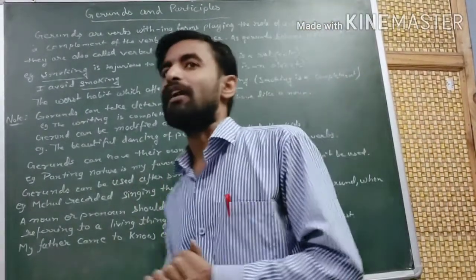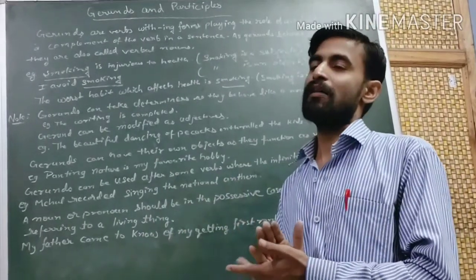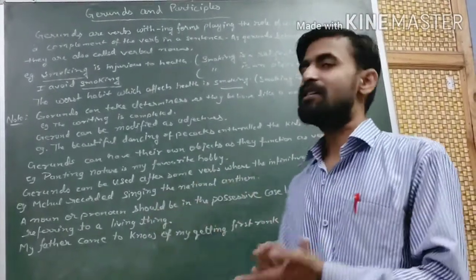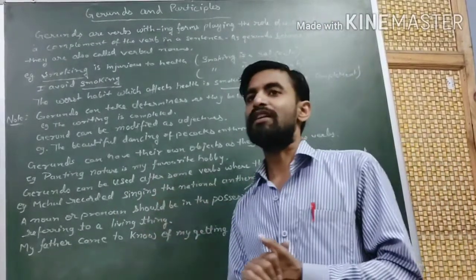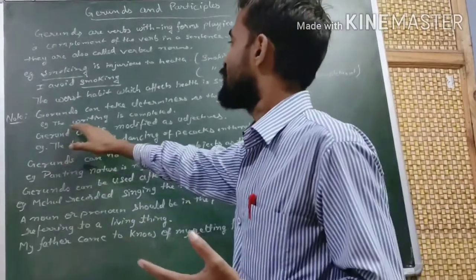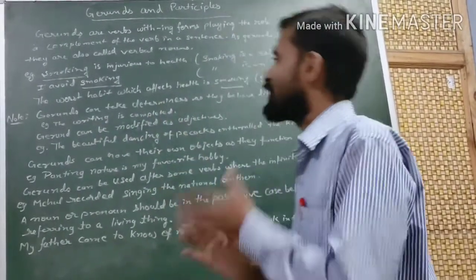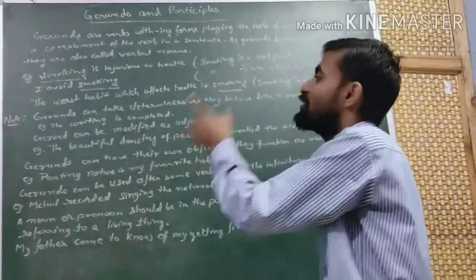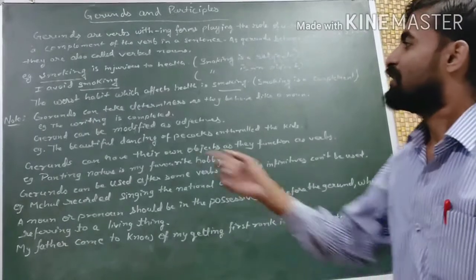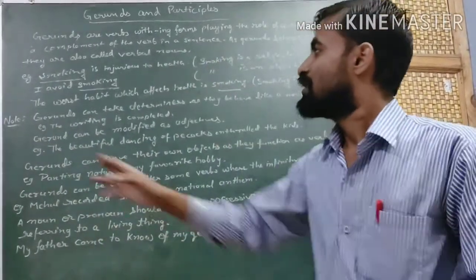A noun can contain a determiner, an article. Just like that, gerunds can also contain articles. The writing is completed. This is a gerund, the writing, verb plus ing form. And here the is also used. The is a determiner.